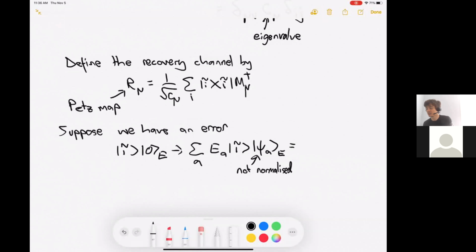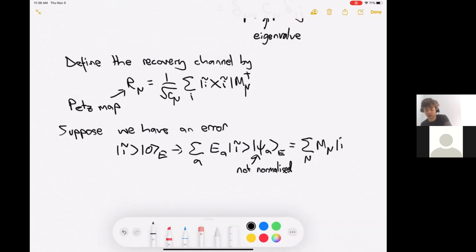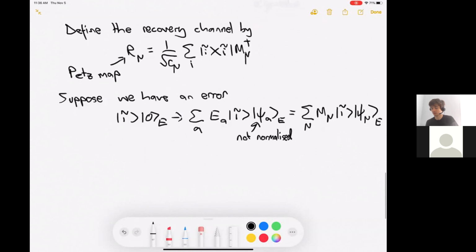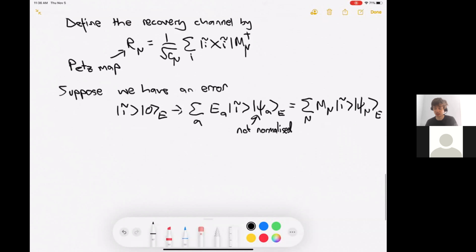However, by a change of basis, it must also be possible to write that state as the sum over mu, M mu acting on I tilde times some state psi mu of the environment. Okay, for a new set of non-normalized states, psi mu. Okay, now we're going to apply the recovery channel.